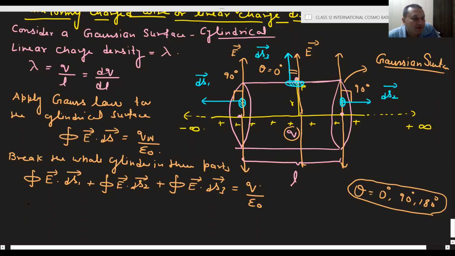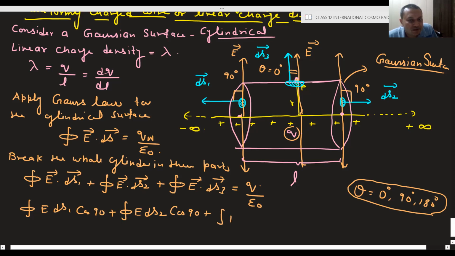So let me write E ds1 cos theta, you will write cos theta, and cos theta between E and ds is 90 degree, cos 90 plus E ds2, what is the angle? Cos 90 plus E ds3, what is cos theta?